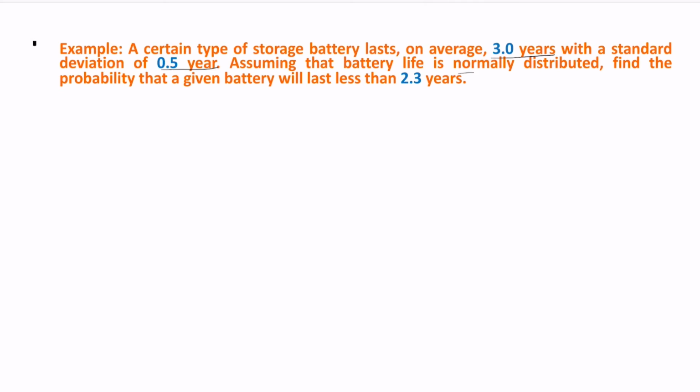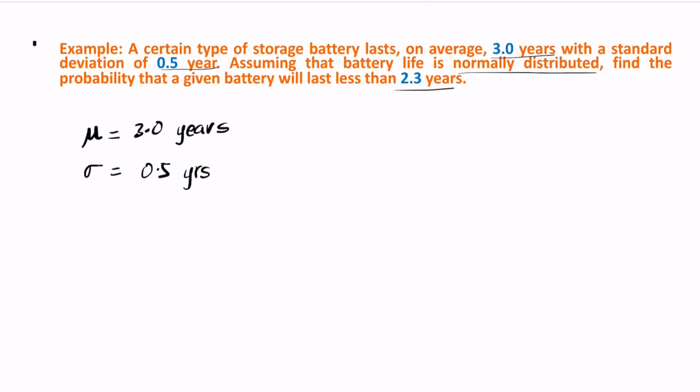Assuming that the battery life is normally distributed, given that the battery will last less than 2.3 years, find the probability. So the first thing is mu. The value for mu is given as 3 years, so note down 3 years. And the standard deviation sigma is 0.5 years.